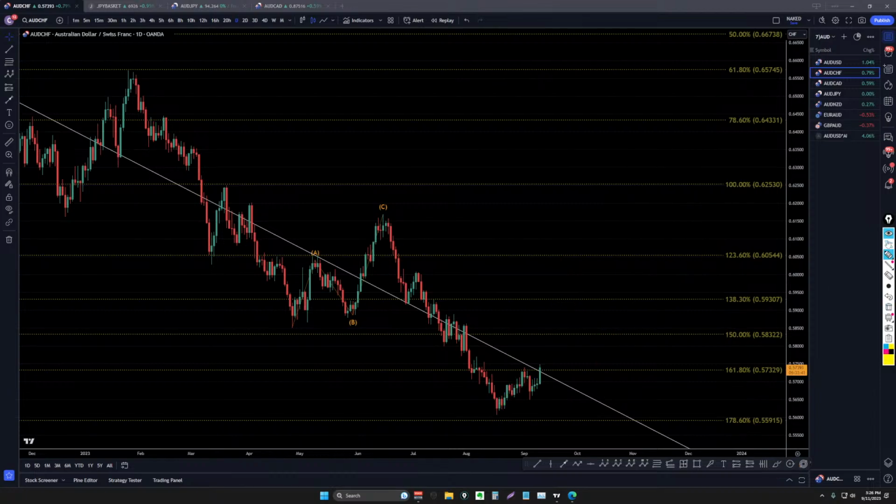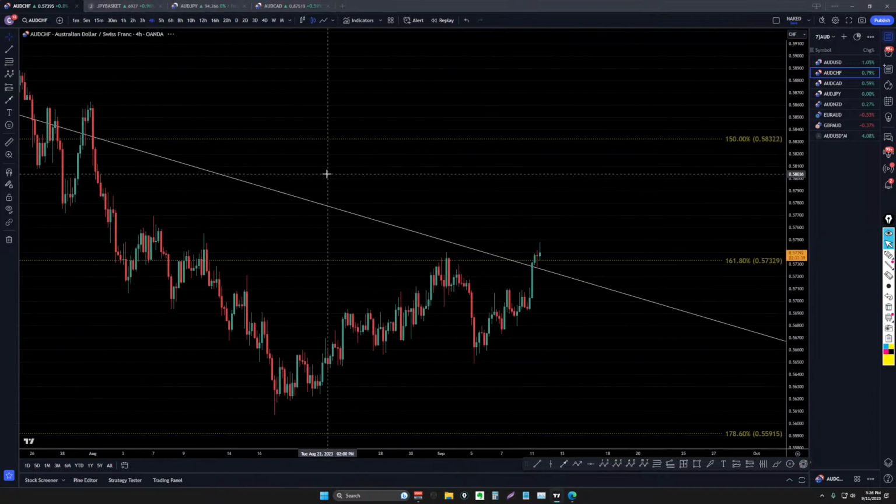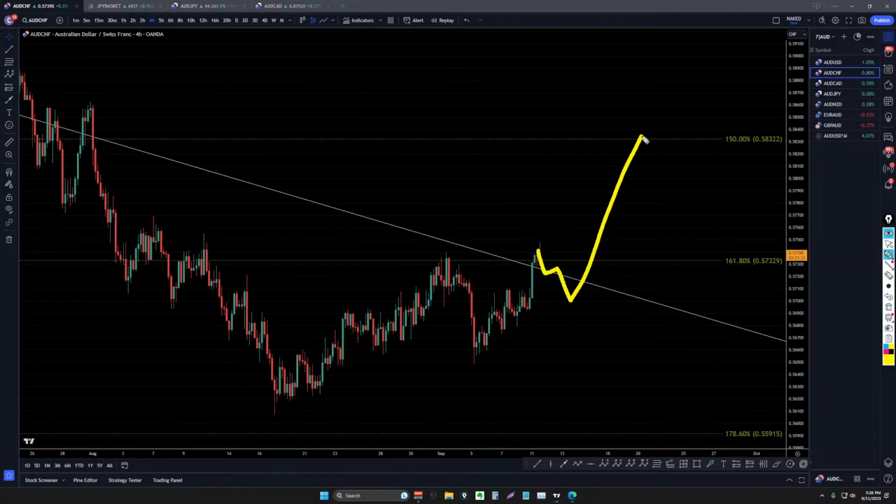So let's see. Down to the 4-hour time frame. I would definitely be looking for longs right now for sure. It looks like it kind of is ready to go down, but I would be looking for longs.